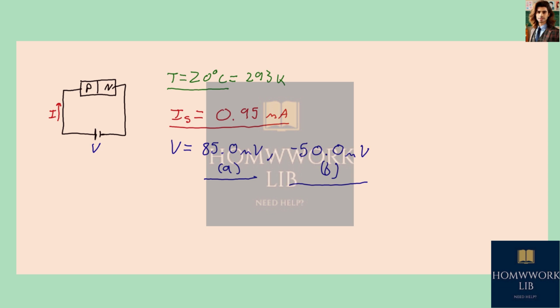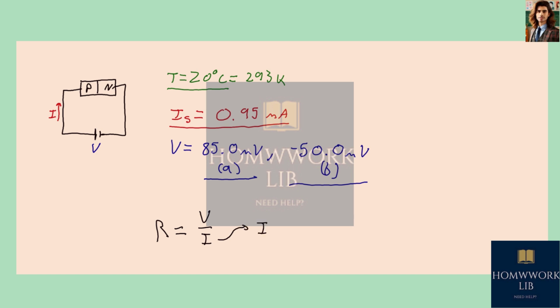And we want to find resistance, for which the standard formula applies, which is simply V over I, voltage over current. However, this current depends on temperature and voltage, since we have a diode system here.